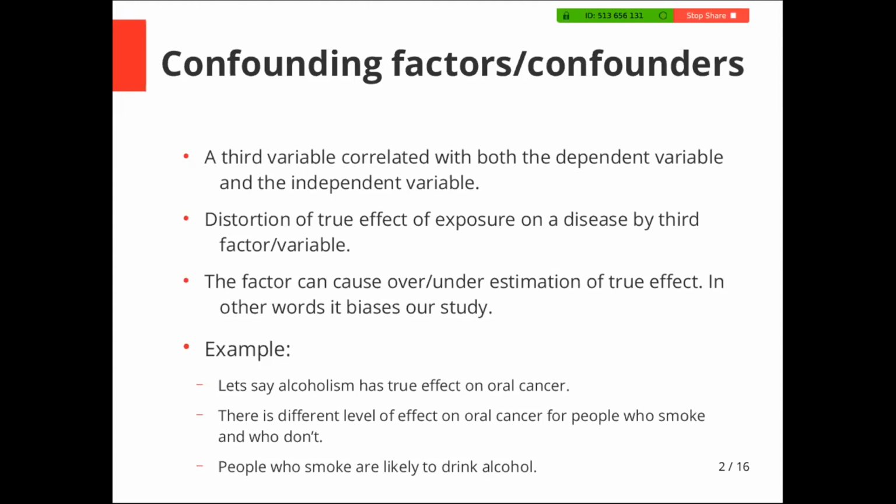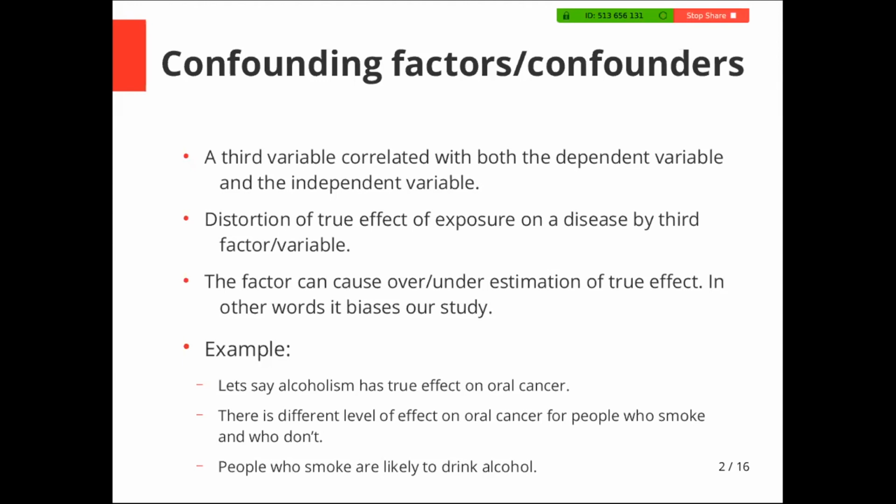But there might be some other variable doing something to the outcome. Let's say people smoking. The smoke might have some effect on oral cancer apart from alcoholism. So smoking is a third variable that will affect oral cancer. So it is a confounding factor.